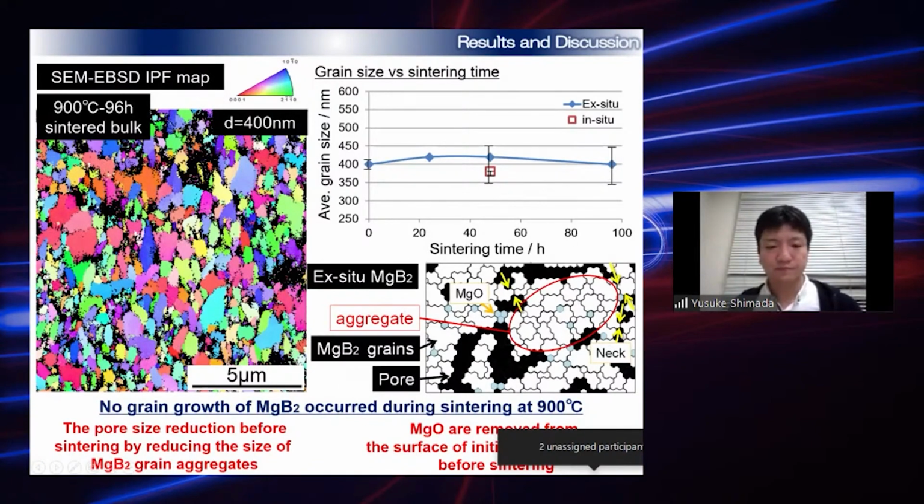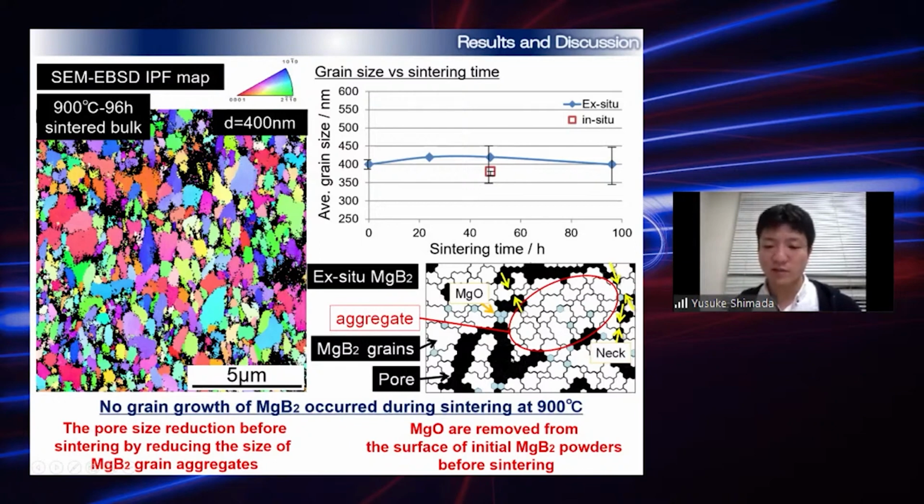So from the result, we suggest two methods for enhancing connectivity in ex situ bulk. One is pore size reduction before sintering by reducing the size of MgB2 grain aggregates. This means that these large pores come from the space in the precursor powders.